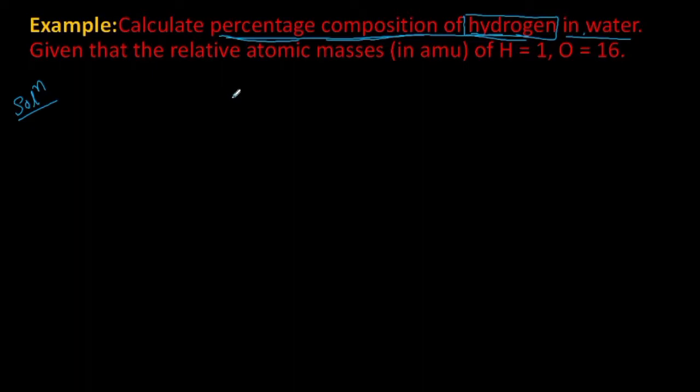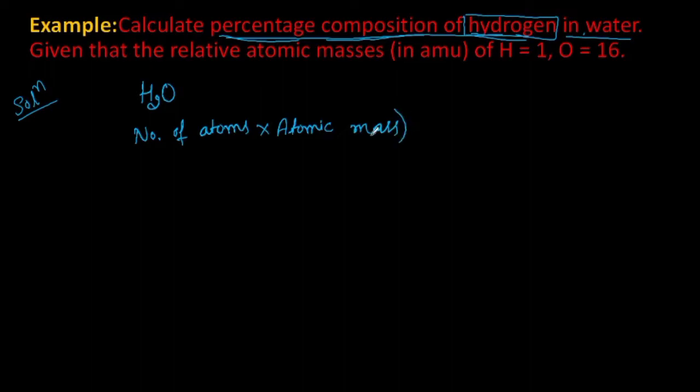What is the molecular formula of water? That is H2O. Then to find the molecular mass of this molecule, we have the formula: number of atoms into atomic mass.